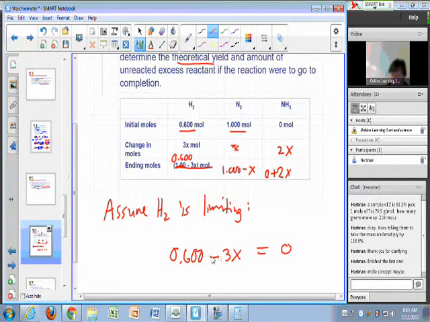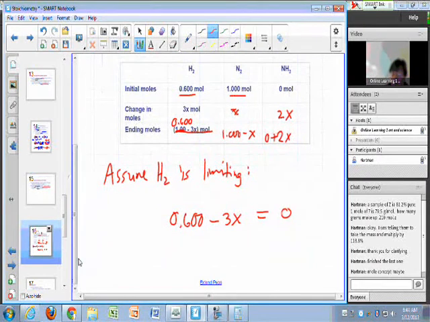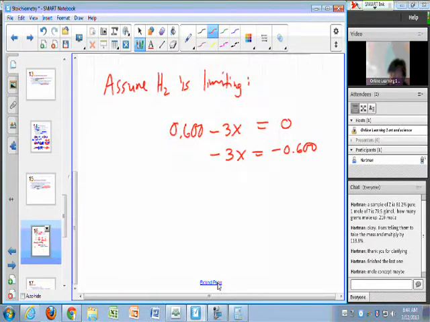It's the one that would run out. So what if it were to run out? How would you solve for x? You have negative 3x equals negative 0.600. Solve for x: x equals positive 0.200.